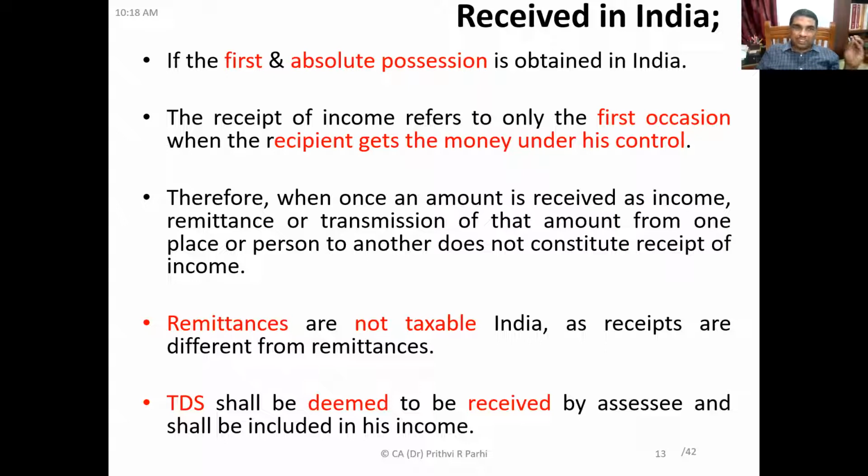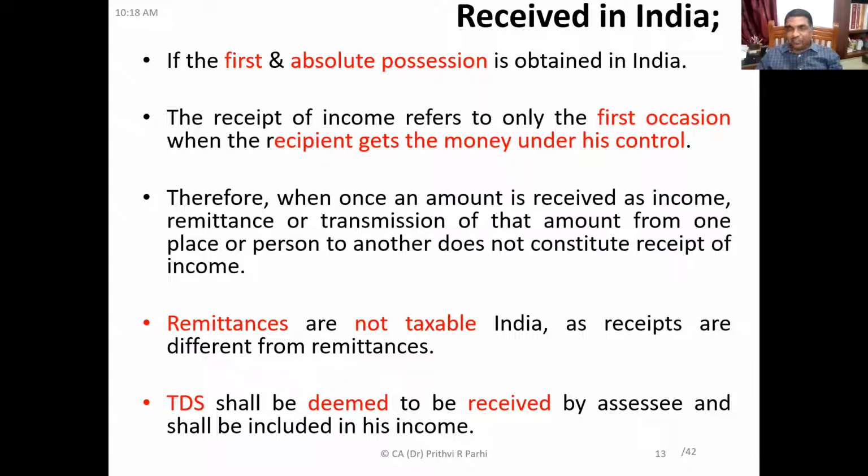Where has he got the first and absolute position? Is it in India or in the US? US. Let us say the same money is remitted to India. Let us say he has one more account in India and he transferred the money from that US account to the Indian account.